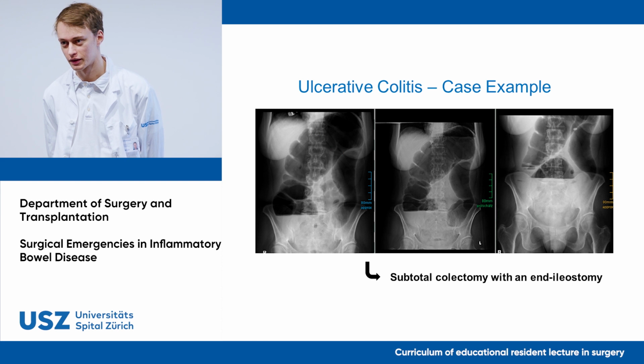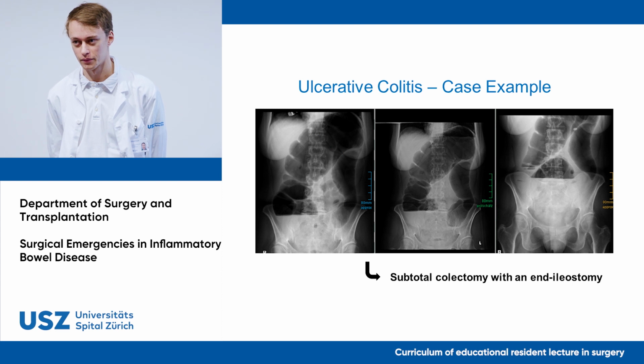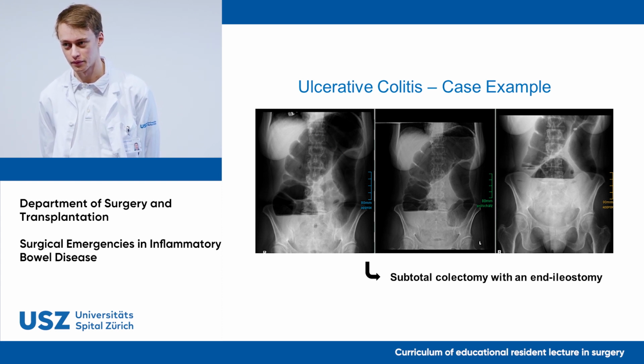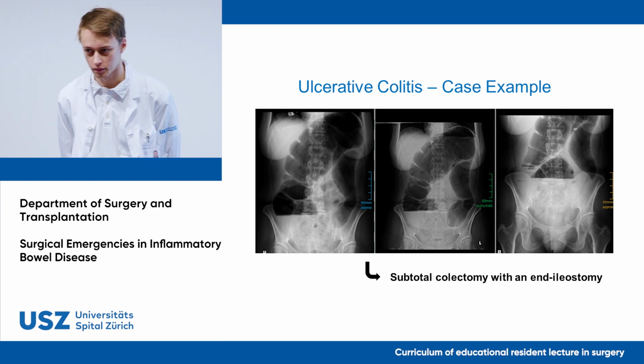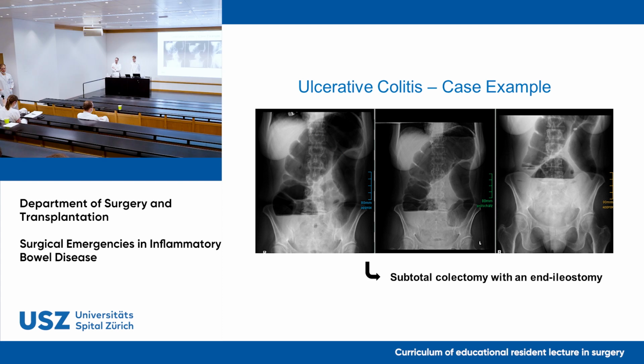In every second slide he showed that we have to save lives and not colons, and I think this can be very dangerous. And it's not only the X-rays we should look at. I think it's more important to look at the patient. A toxic megacolon, it's not only the diameter, it's also how the patient is, and if he has fever or if the inflammatory signs elevate, I think you have to operate earlier rather than later.